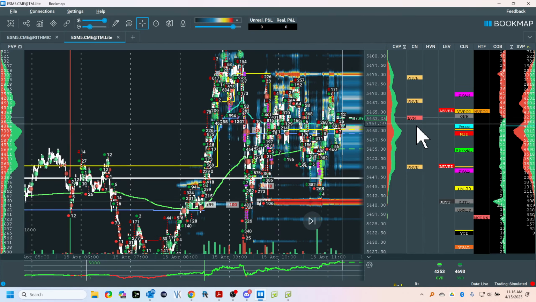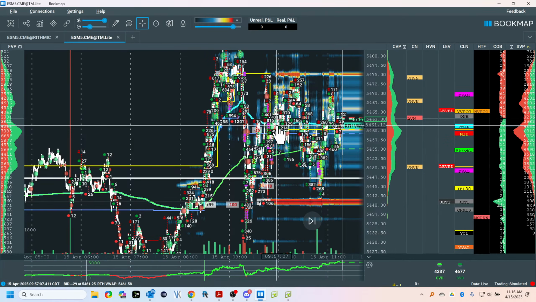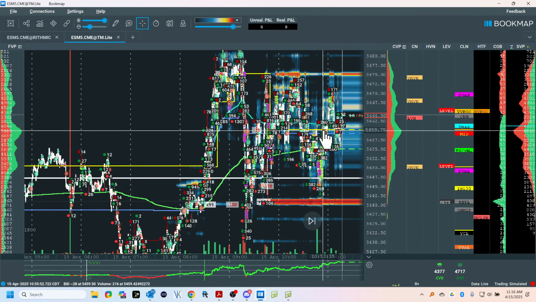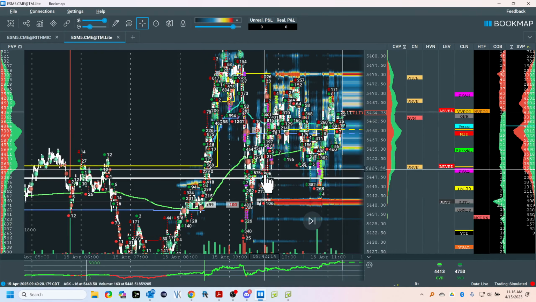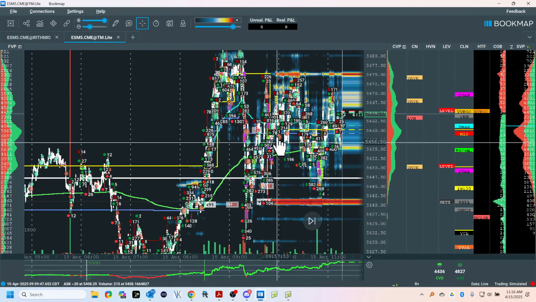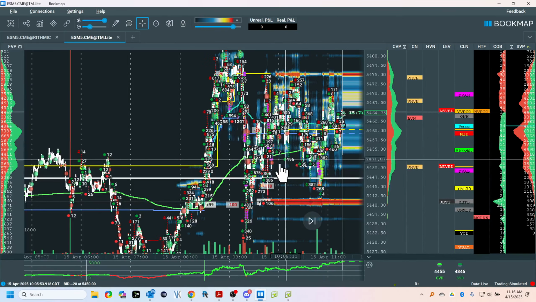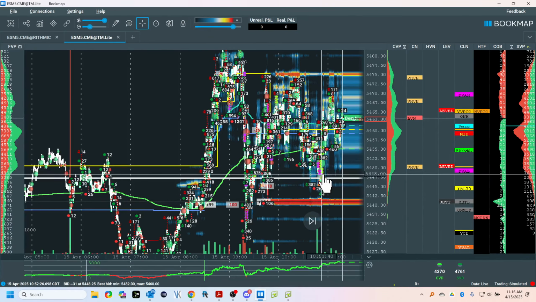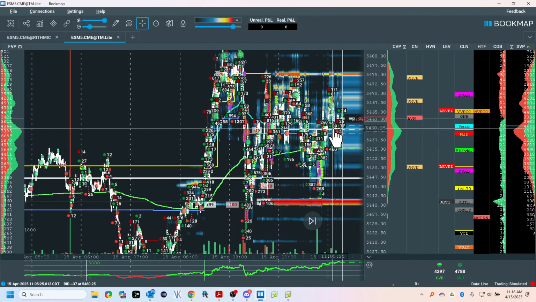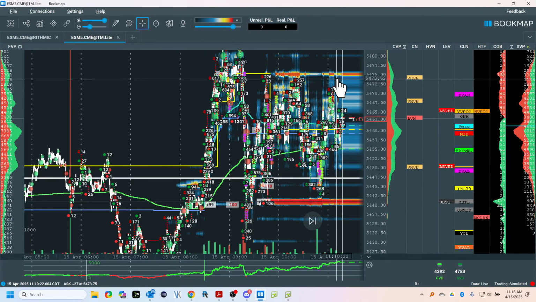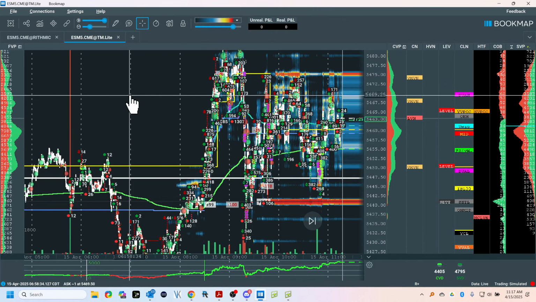This here, this high volume node, if you're getting long out here, this is called mean reversion. What you're doing is you're coming here and you're trying to come to there to scale. Out here, notice the location, sweep to scale. And then you're going for this, not a recommendation, and out the top or not. That's it.